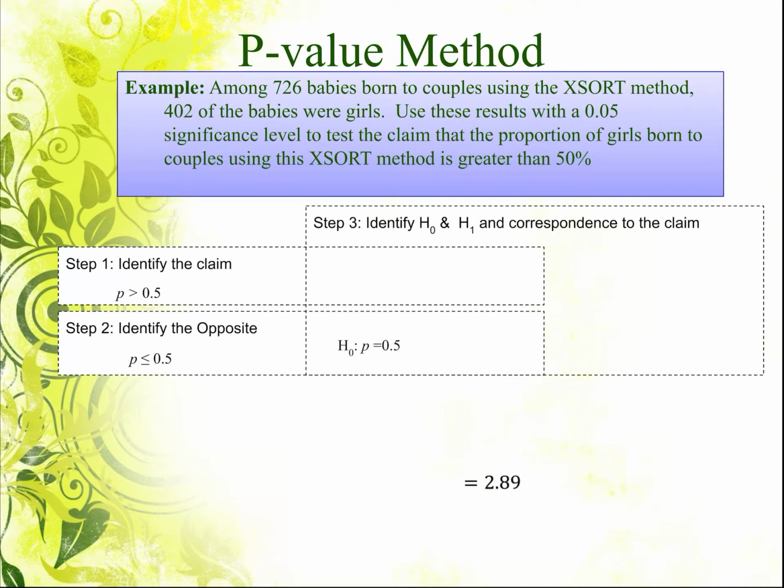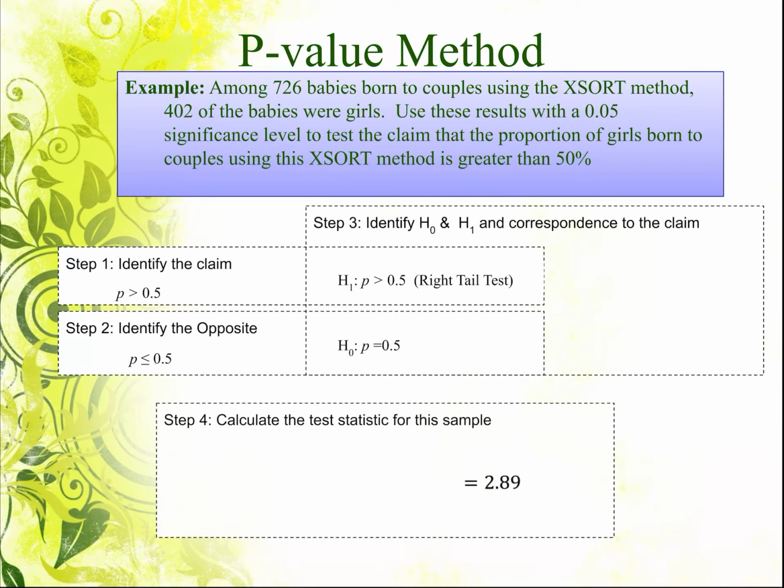The most basic way is just to write the null hypothesis as p equals 0.5. But in some textbooks, you might also see p is less than or equal to 0.5, just like we have in step 2. Both would be okay for the null hypothesis. The alternative hypothesis would be the inequality statement, the one that doesn't have the equals to. So H1 is p is greater than 0.5. And since it's greater than, it's a right-tailed test.